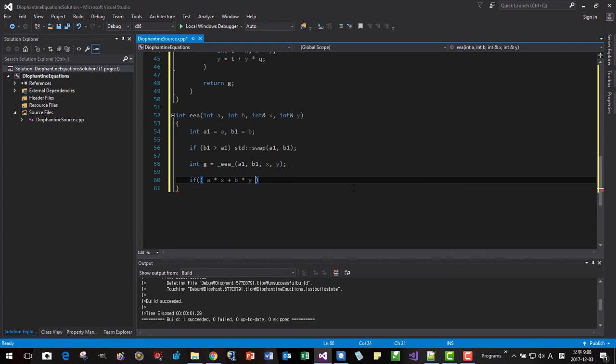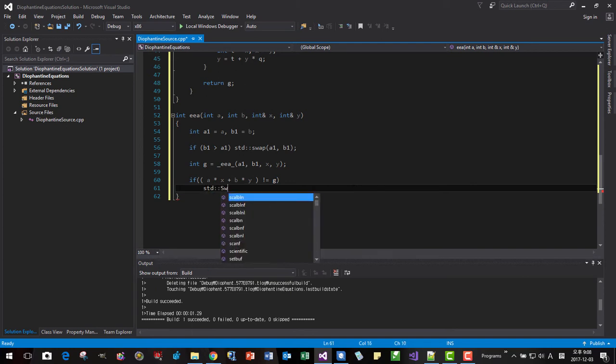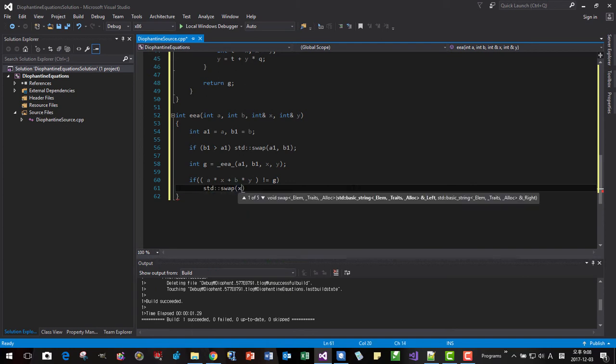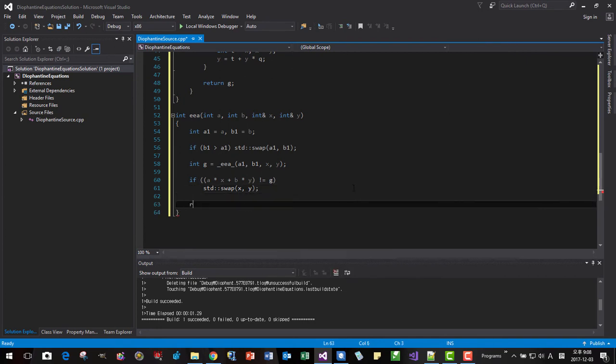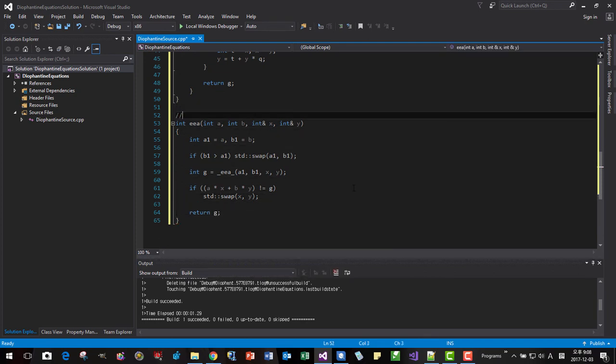It should be equal to g. If it is not equal to g, then we have to swap, std::swap x, y. This step is actually very important. Okay, so now we can return g. This solves something like ax plus by equals gcd(a, b).